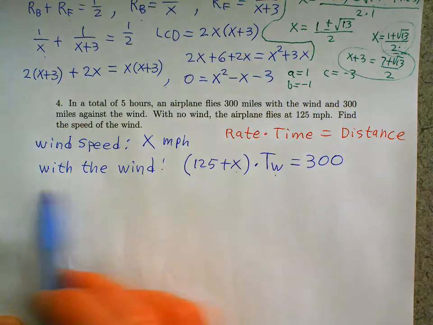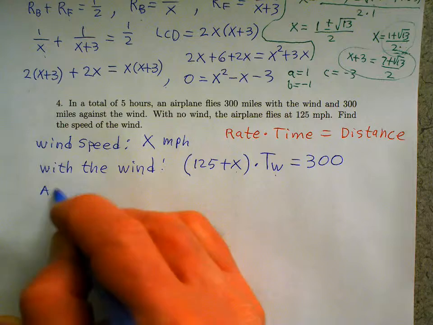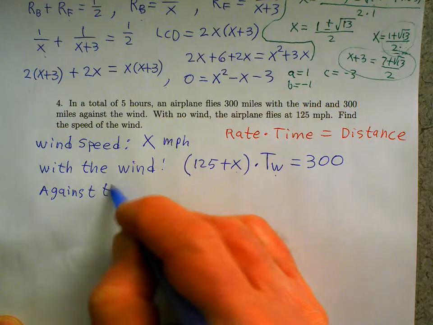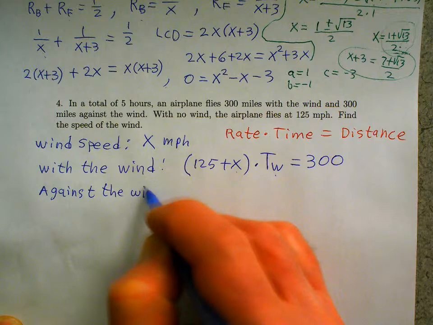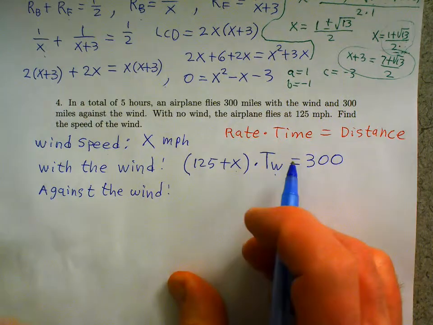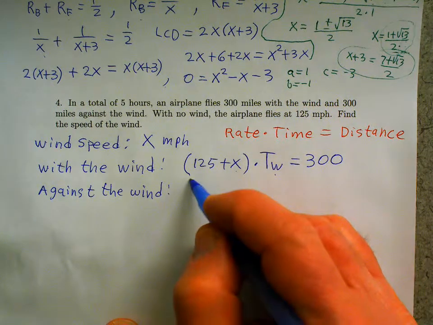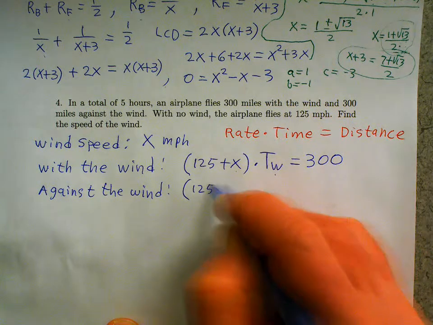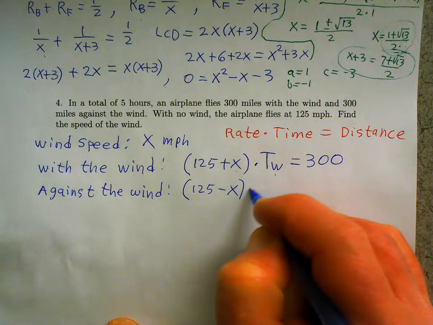When the airplane flies against the wind, or into the wind, the plane will be traveling at 125 minus x miles per hour.